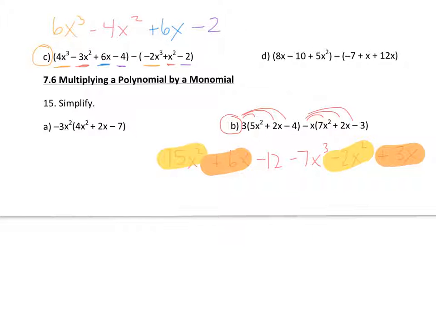So if I combine and write my final answer in standard form, I have negative 7x cubed, and then 15x squared minus 2x squared would be plus 13x squared. And then I have 6x plus 3x to give me 9x, and then minus 12, and that would be my final answer.